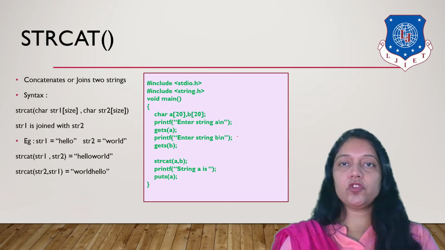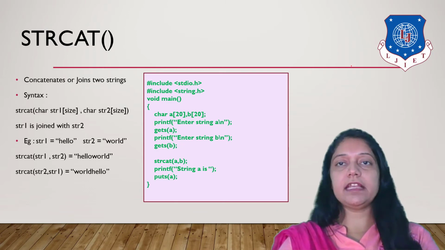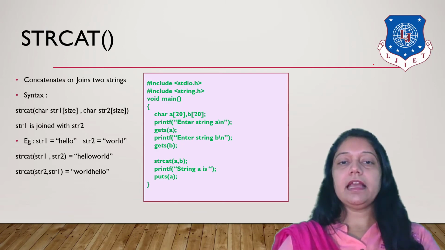Then, since I want to join the values of two strings, I'll need some value in A and some value in B also, so we have to initialize both A and B. The first printf statement is enter string A, and the next line is gets(A). So I'm initializing the A array with some value using the gets function. Then again repeat the same, but this time for the B array: enter string B and then gets(B).